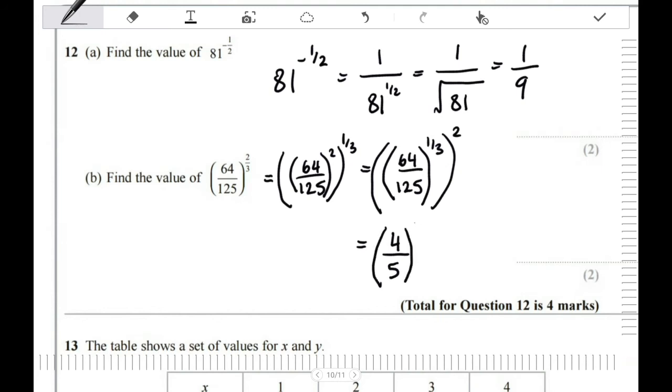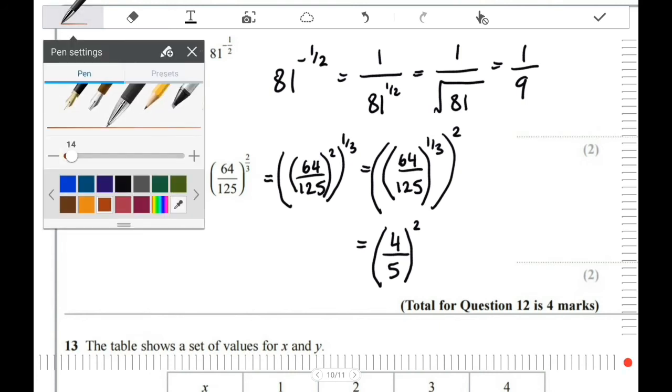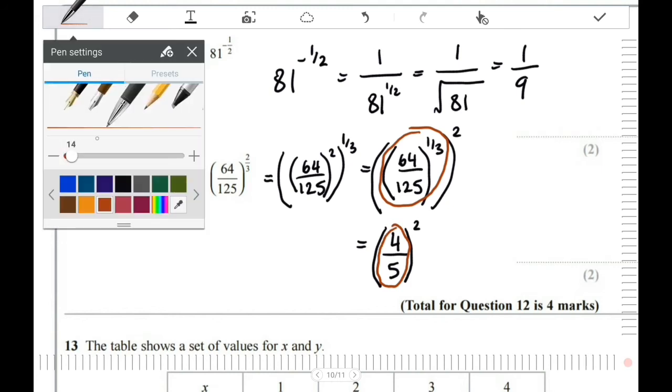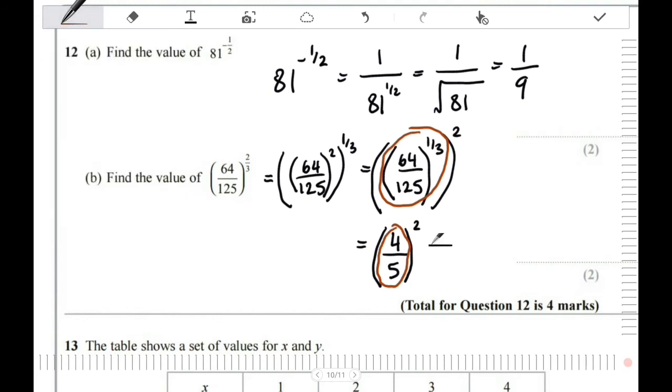Now I can write it as that, because we have said that this is equal to what's in the bracket here. And now we're going to square it, which in this case is going to be 16/25.